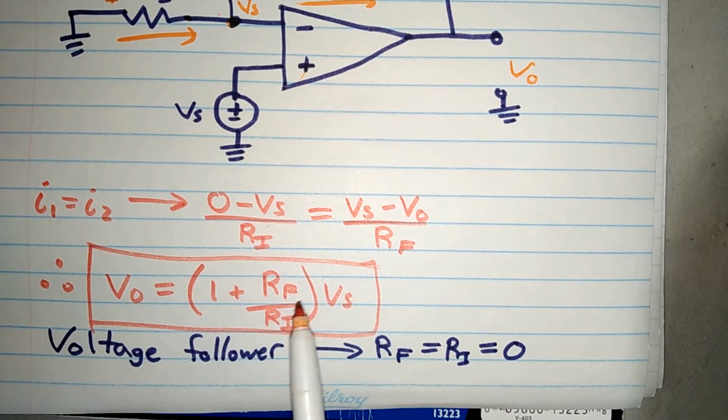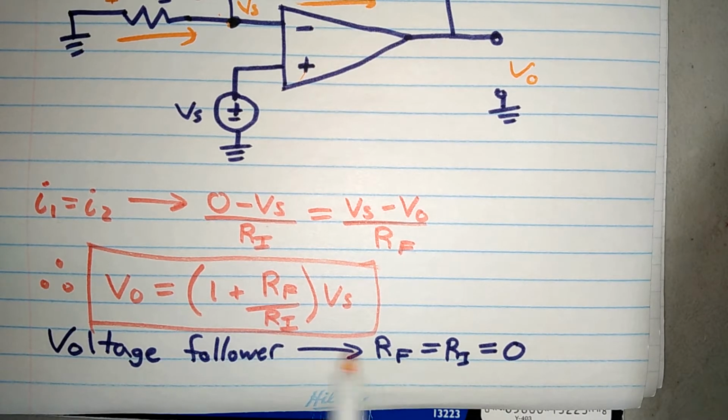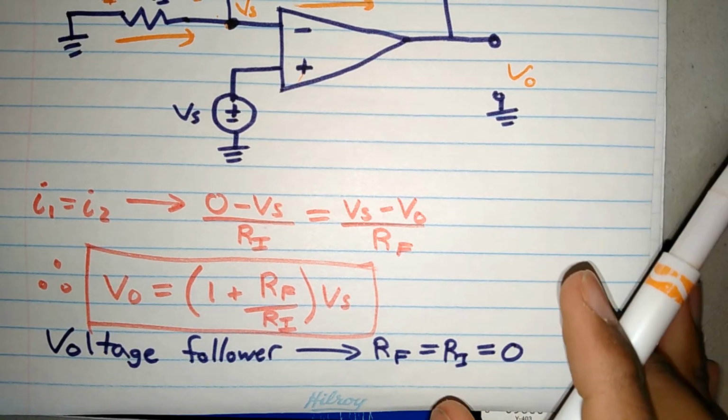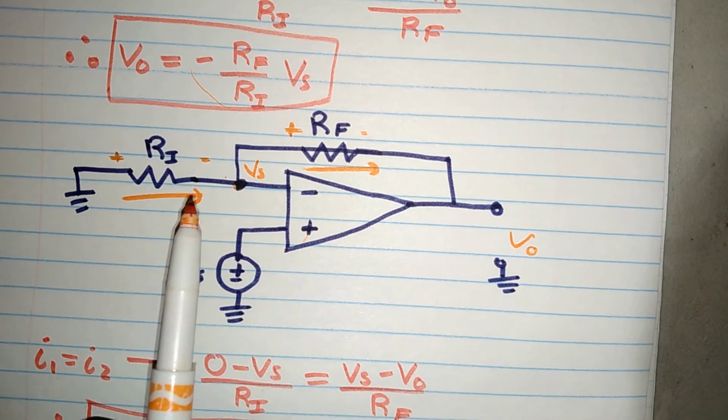If Rf is 0, that's the key here, Ri really wouldn't make a difference. If Rf was 0, then we would have Vout equal to Vs, and so we call this a voltage follower because it acts like a buffer, basically.